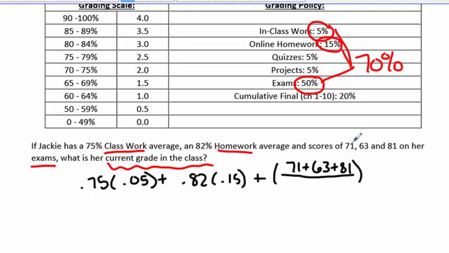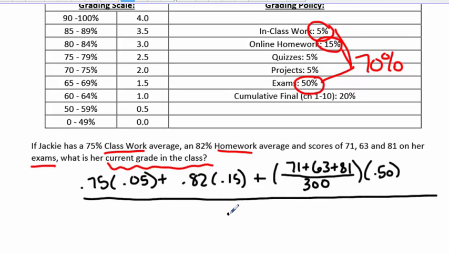Presuming it was 100 each time, it would be 300 total points possible. That gets us her exam average, and we multiply that by the exam weight of 50%. Now we're going to have to divide all of this by 0.7 because it's only 70% of the overall grade. There are some grades that are not factored in.